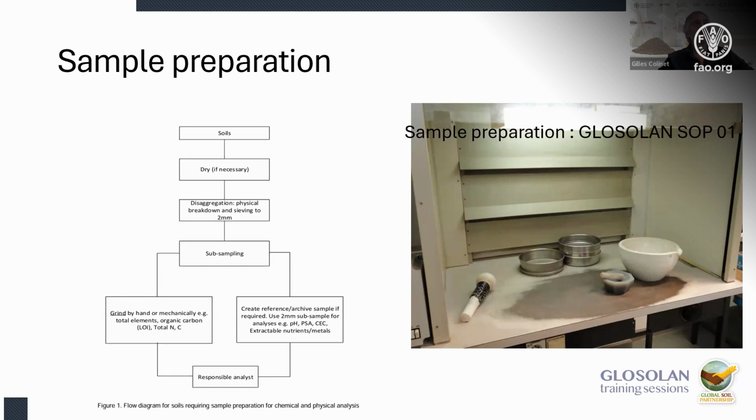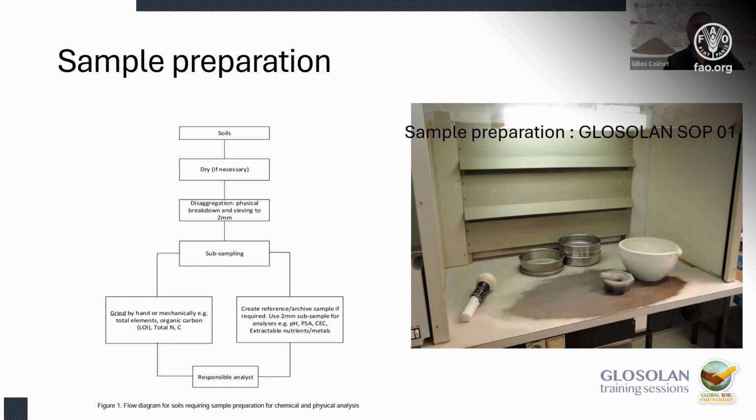Usually, when we are making measurements of the mineral nitrogen, we work on a fresh soil because when you dry the soil, you modify the content, and it may not be representative of the reality of the field. It might be okay if you want to make control samples with defined levels of nitrate, for example, or ammonium.